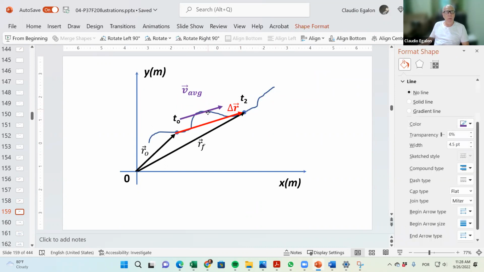I'm going to move it here. See, they're pointing in the same direction. I made sure that they are parallel to each other. Remember, average velocity is just delta R over delta T. Let's write that down in my notes.